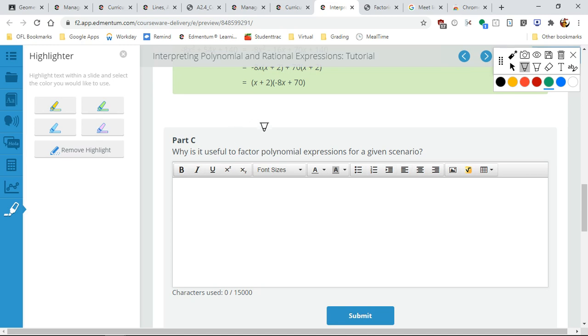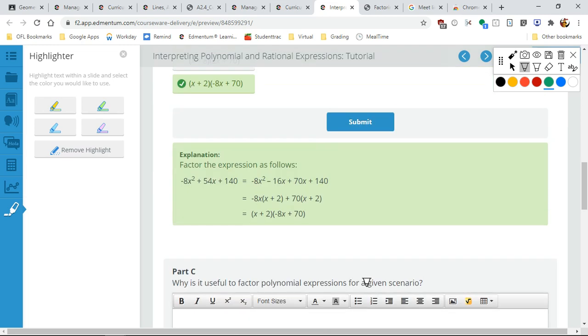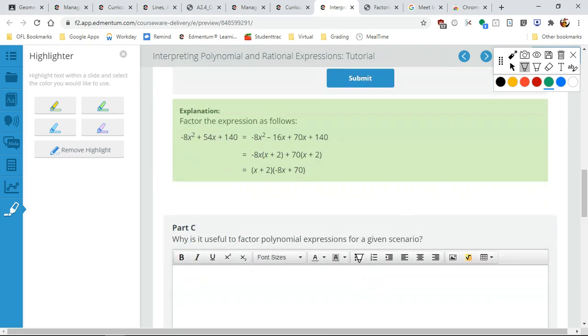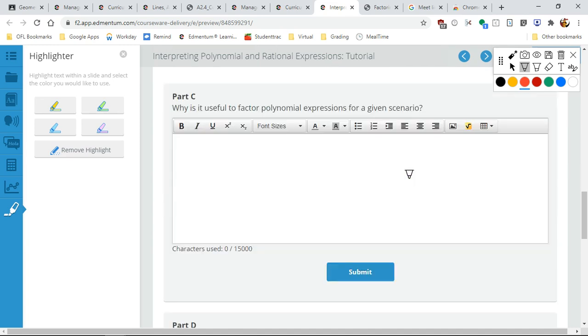Why is it useful to factor polynomials in this scenario? Well, the reason why this is useful is we know what we're multiplying. I'm just going to type this out because writing this out is taking a while.